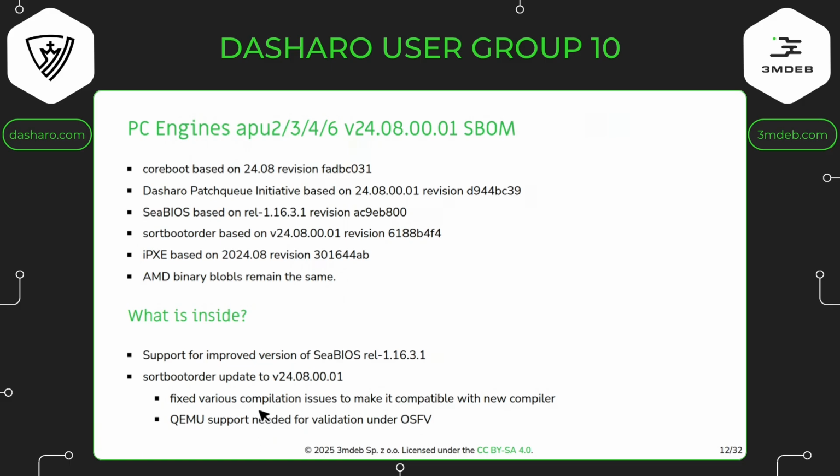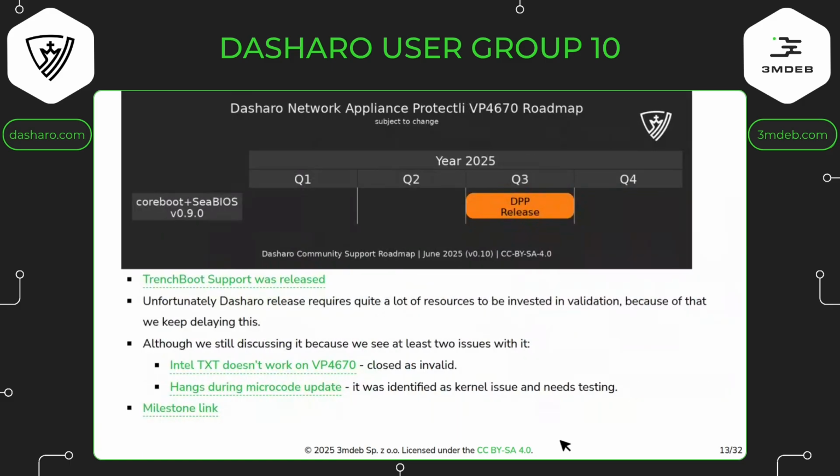That means that all the issues detected by the new compiler were fixed to make this release. We are also adding boot order support for QEMU, and this is to speed up the validation process in the open source firmware validation framework that we use for validation of Dasharo.